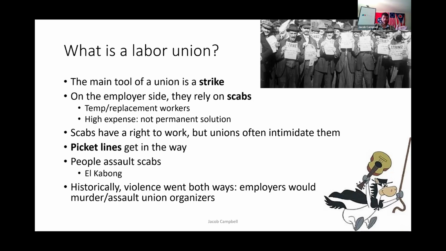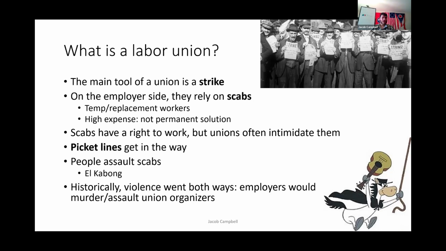And it was not the labor unions initiating it. Labor unions would try to peacefully organize, and then employers would send in thugs. They'd send in private detectives to beat up the organizers, to kidnap organizers, and even oftentimes to straight up murder organizers.